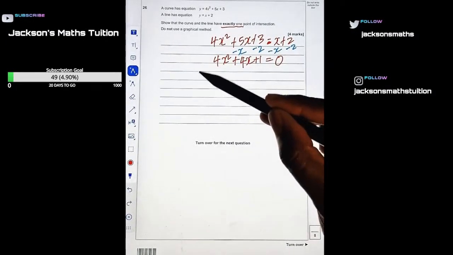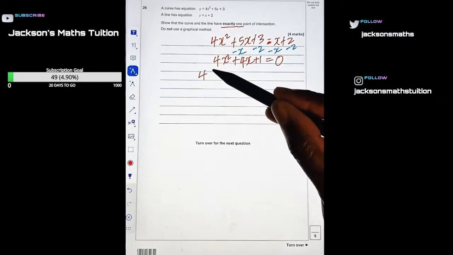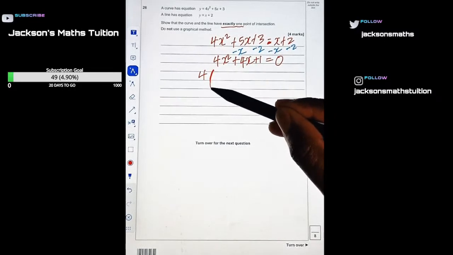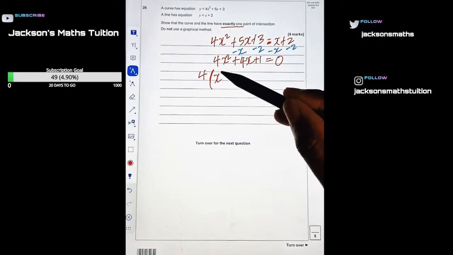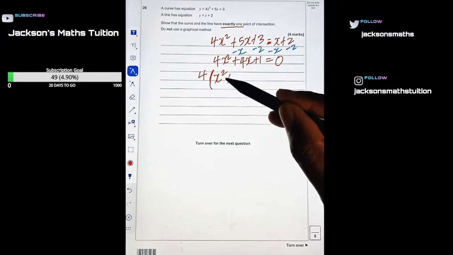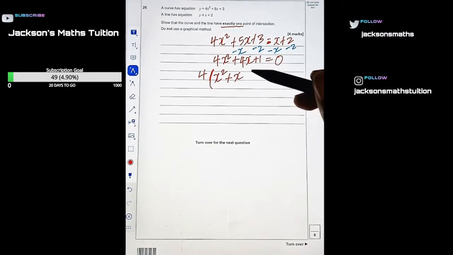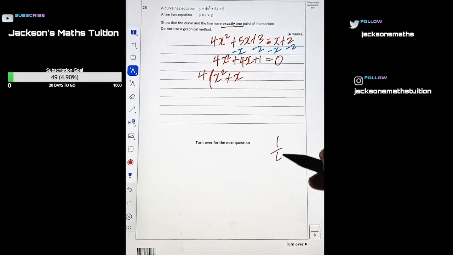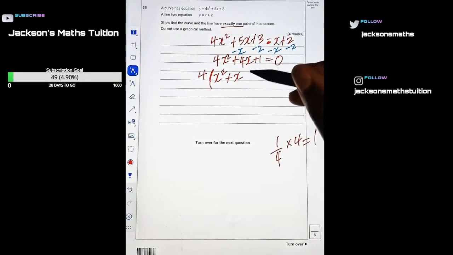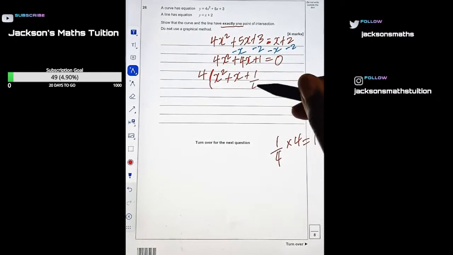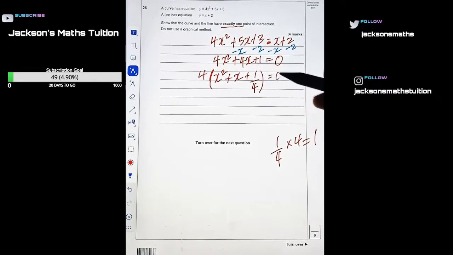So we're going to have 4, open bracket, x squared plus x. And this now becomes 1/4. Okay? Because a quarter times 4 gives you back 1. Okay? So this is 1/4 now. And that is equal to 0. Okay?